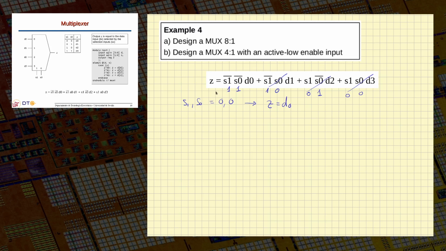So if you look at this, what we really have are all the possible minterms of the selection inputs multiplied by the corresponding data input. So z is equal to m0 times d0 plus m1 times d1, m2 d2, m3 d3. Okay.